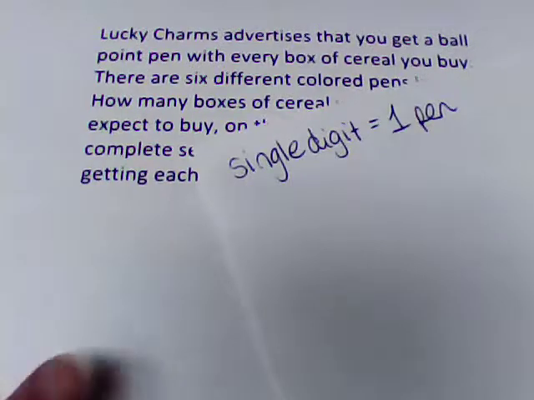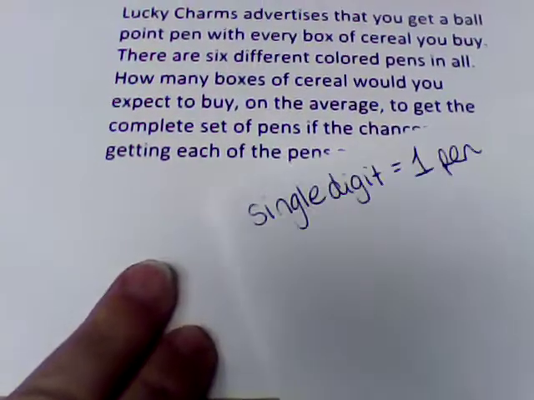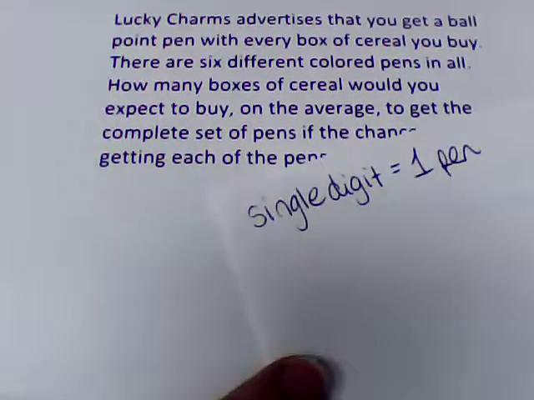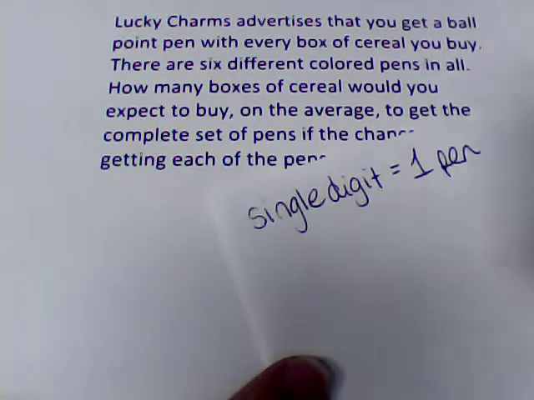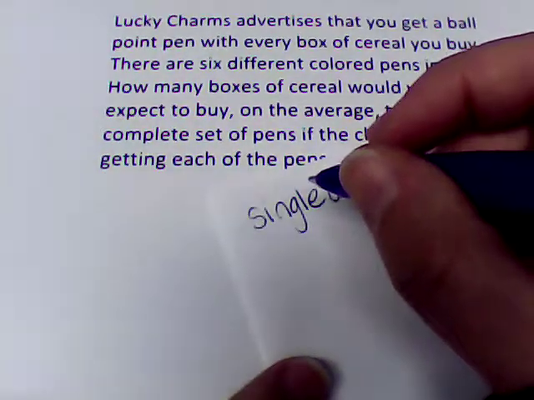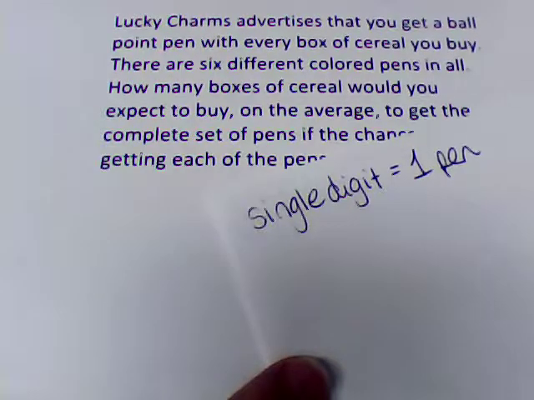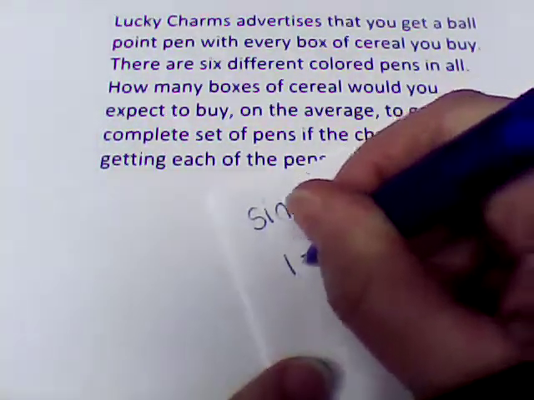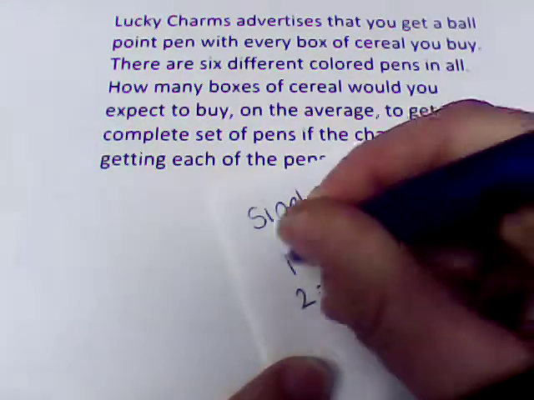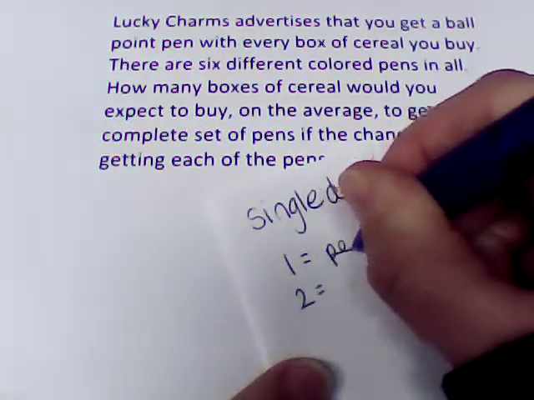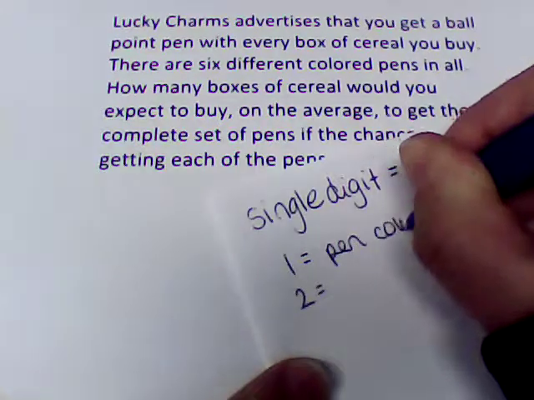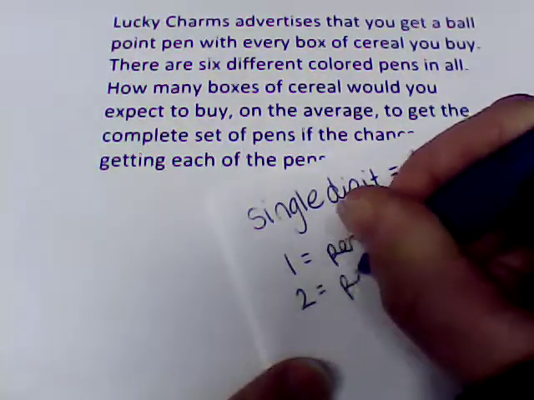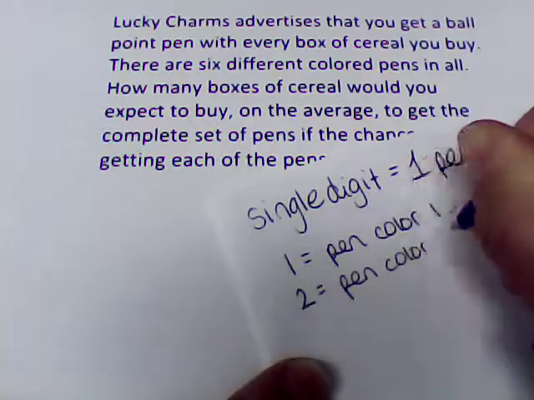It says that there's 6 different colors of pens, so I'm going to need 6 numbers. So if you want to start counting at 0, that's cool. If you want to start counting at 1, that's cool. I'm going to just count from 1. So 1 equals pen color 1, 2 equals pen color 2.